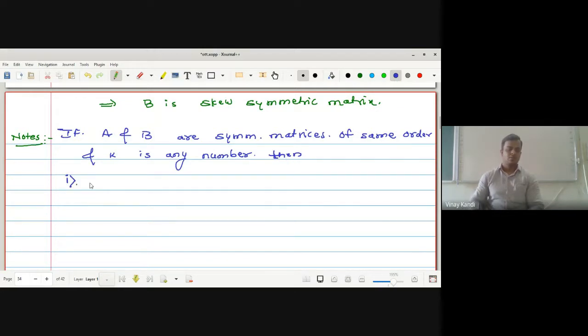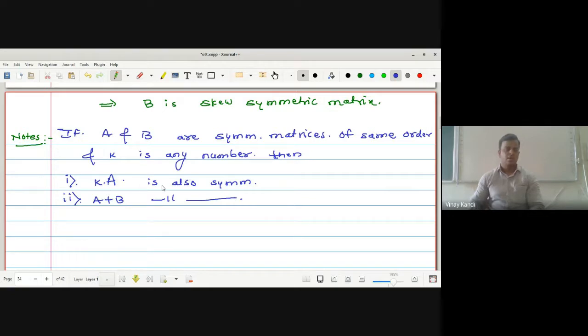First one: k into matrix A is also symmetric. Second one: A plus B is also symmetric.